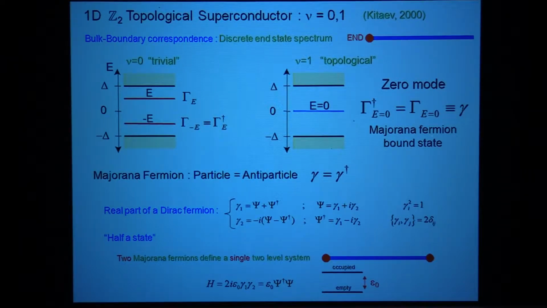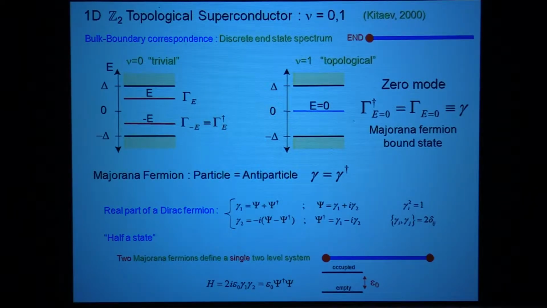So that means that adding a particle into this state does exactly the same thing as removing a particle, so it's like the particle is its own antiparticle. Okay, and so this is the defining feature of a Majorana fermion.